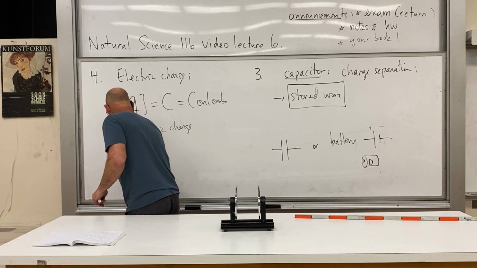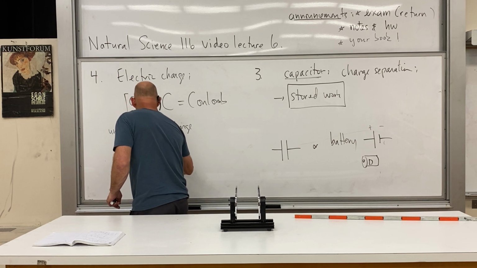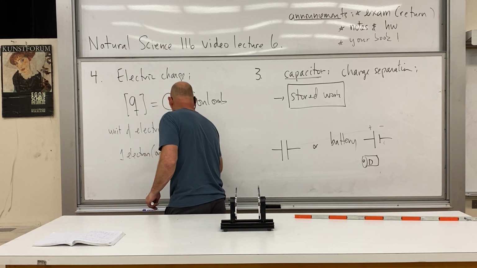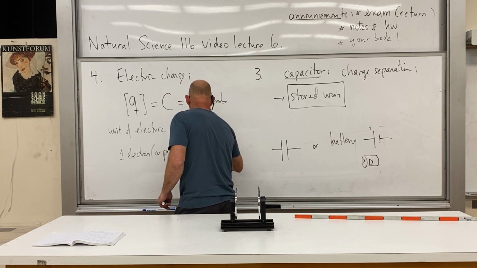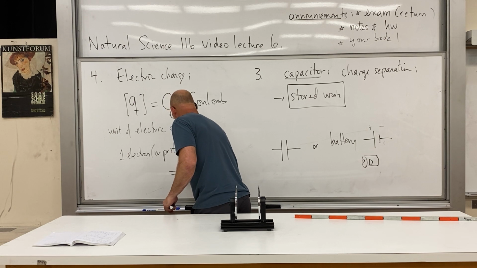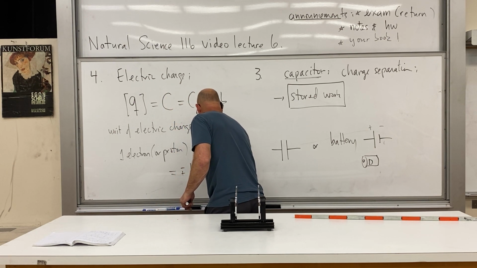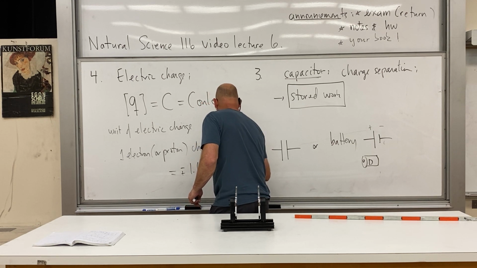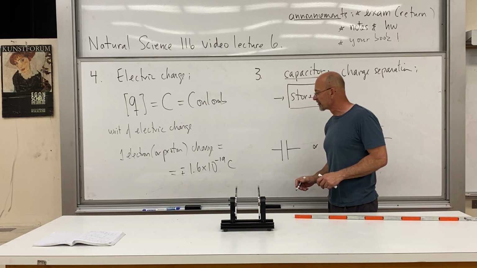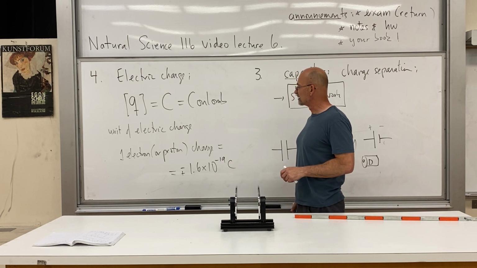Just as a piece of information, 1 electron or proton charge equals minus or plus 1.6 times 10 to the minus 19 coulombs. So a coulomb is quite a lot of electrons, a high number.